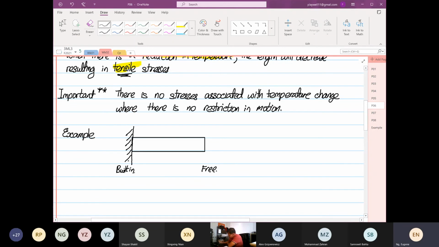So if there's a change in temperature, in this case, no stresses will be generated.